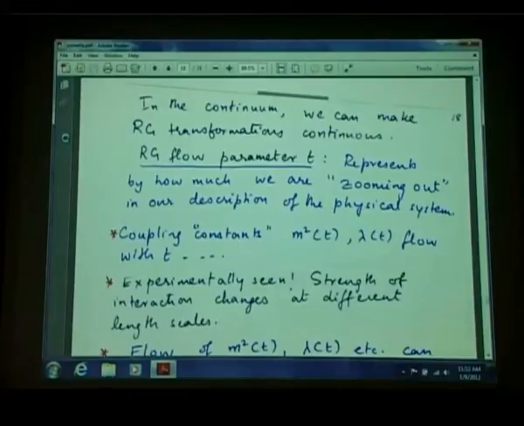So in the continuum, we can actually make these RG transformations continuous. That was what I said in the previous slide. So the RG flow parameter t represents by how much we are zooming out in our description of the physical system. Each time we zoom out, our coupling constants actually change. In fact, they flow with the zooming out t. Okay?